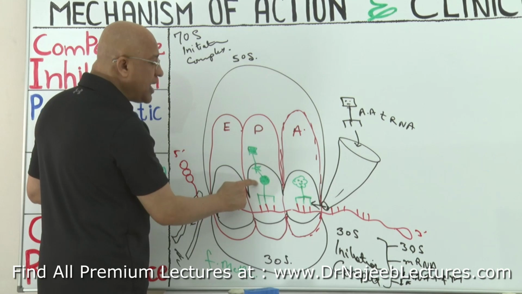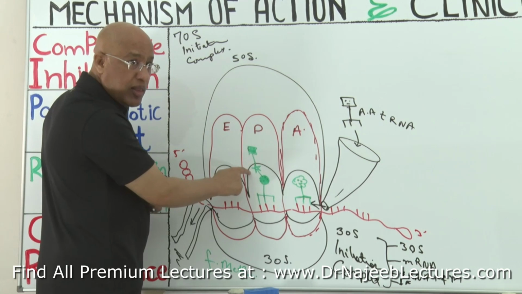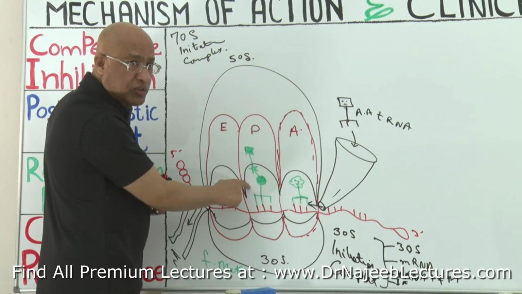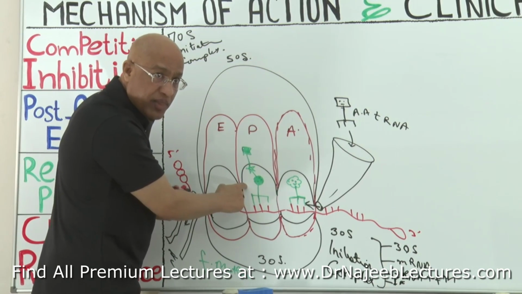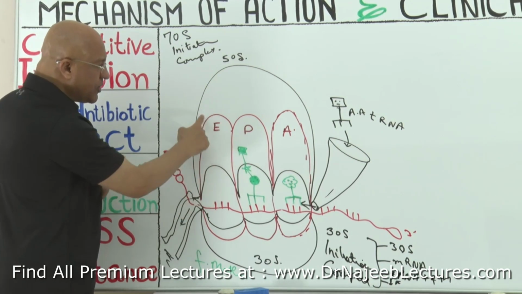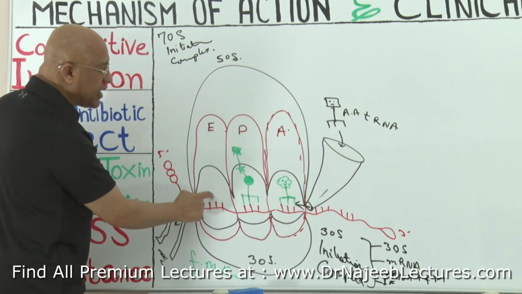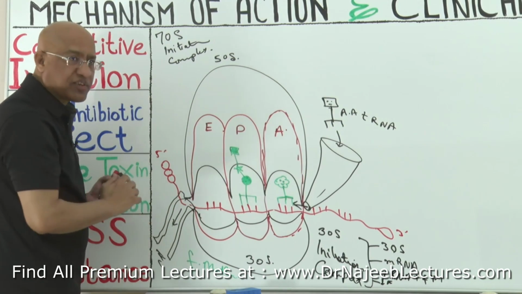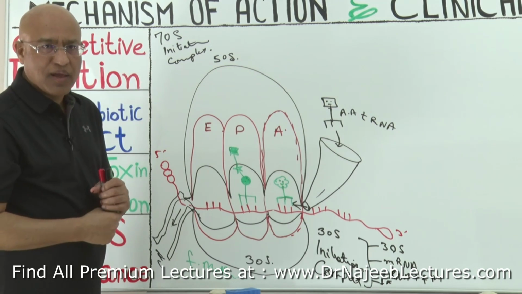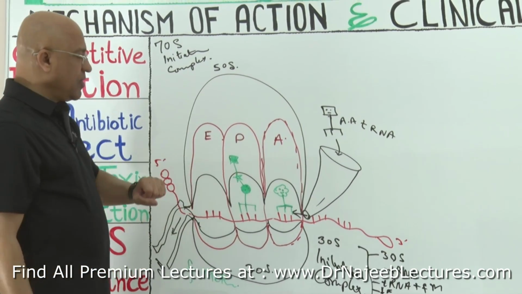The transfer RNA where the oligopeptide or nascent peptide is present, or if it is not yet formed, only formyl methionine is present, this is called the P site. Another functional domain is here, and if some transfer RNA comes over here, it will slip out of the system. So this is called the E site or exit site, right? If you understand all this, this is the basic.